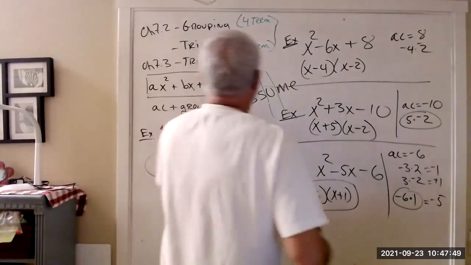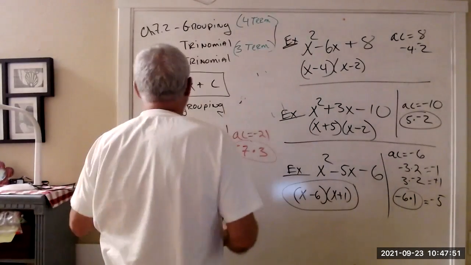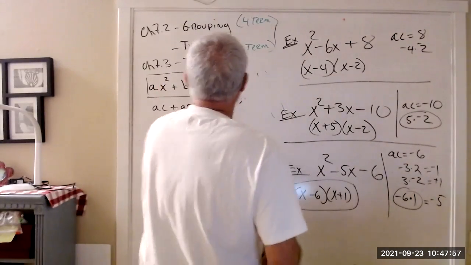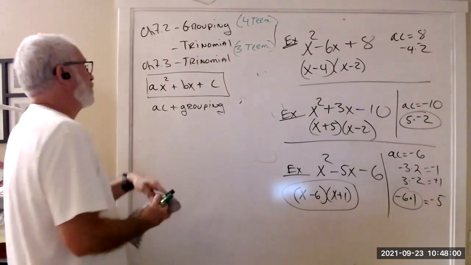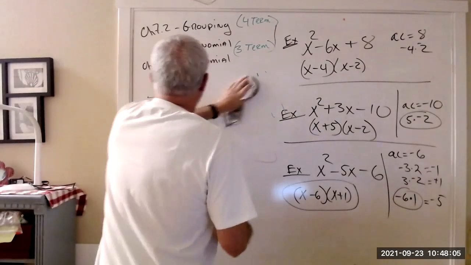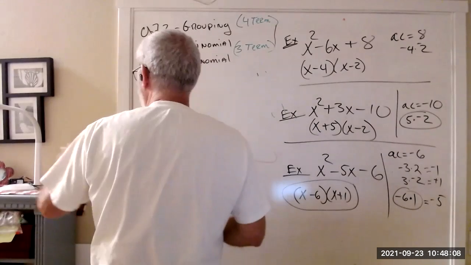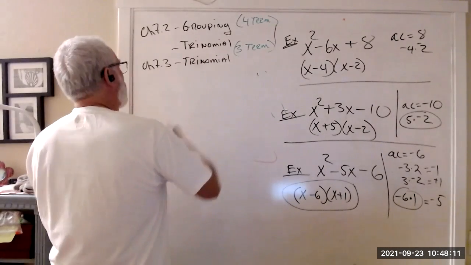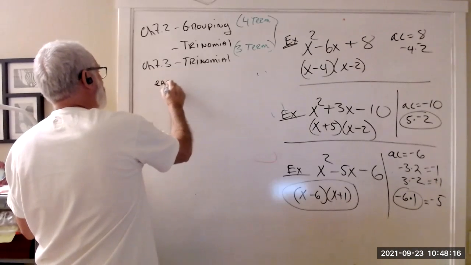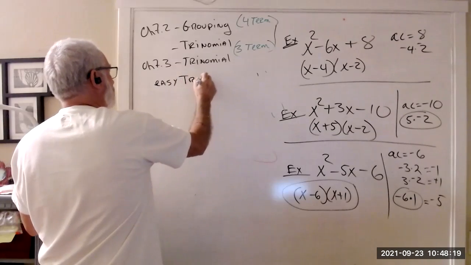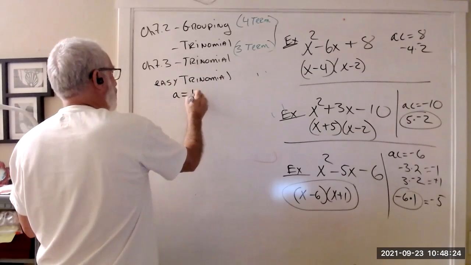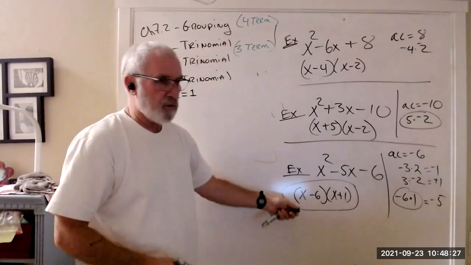All right, so back over here, let's redefine trinomials for a second. I have something I call easy trinomials, and that's where the A value is equal to 1.